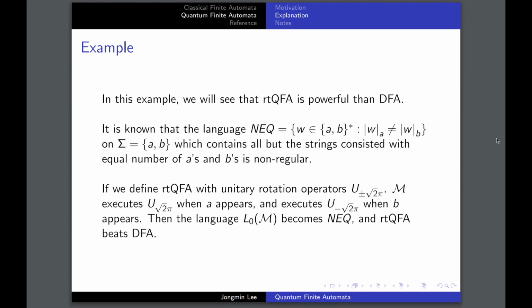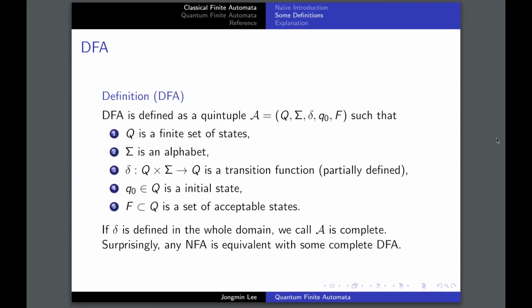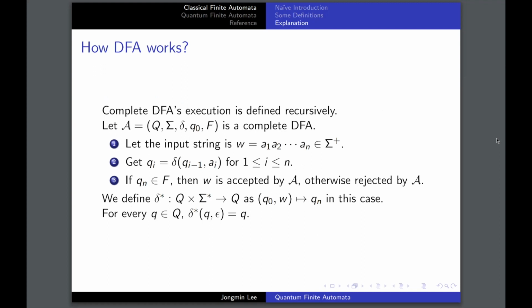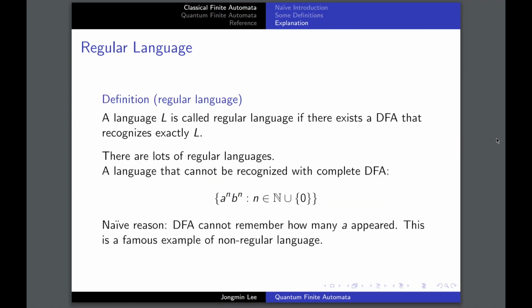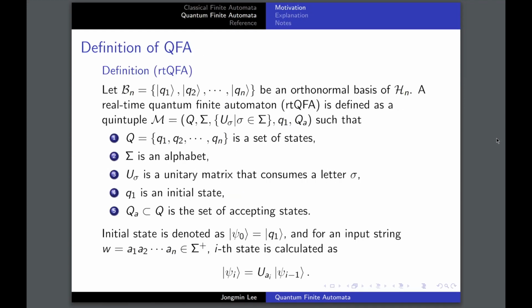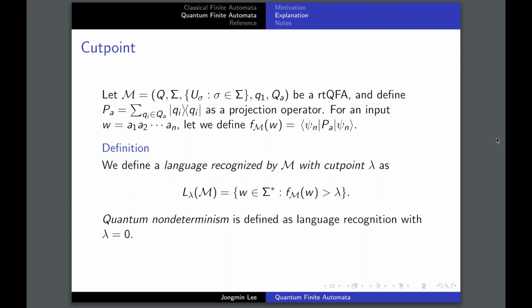In DFA, we can say the word is accepted or not with the final state, and the final state is determined as one of the states in Q. But in QFA, the initial state was in Q, but the final state may not be in Q. So for the language that QFA accepts, we use the cut point lambda.